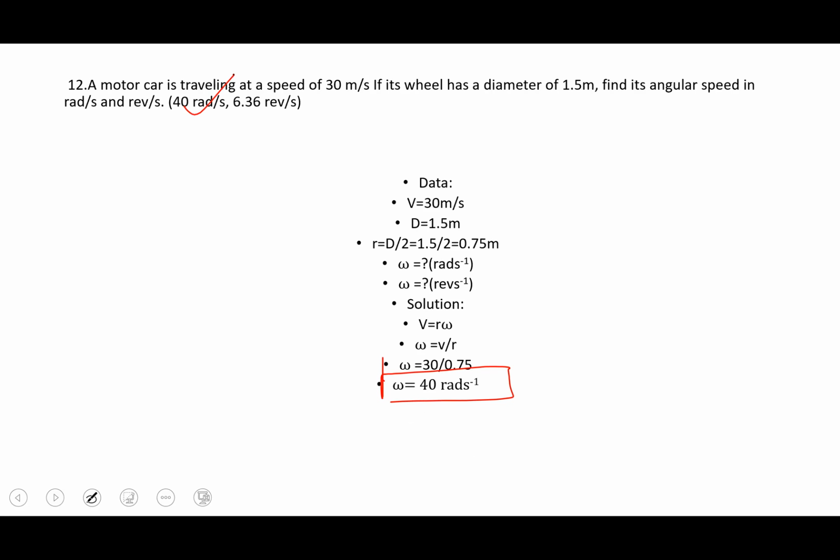Now for the revolutions part, how many revolutions are there per second? For that, we divide by 2 pi. So 40 divided by 2 pi, we get revolution per second, which is 6.37 revolution per second, and that is our required answer as well.